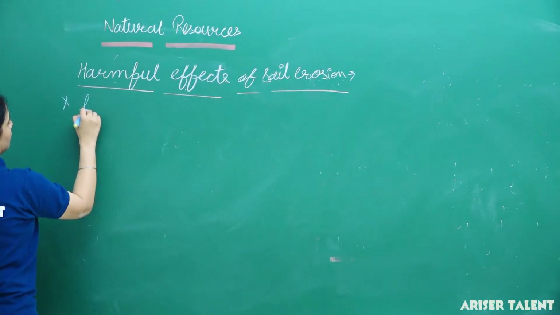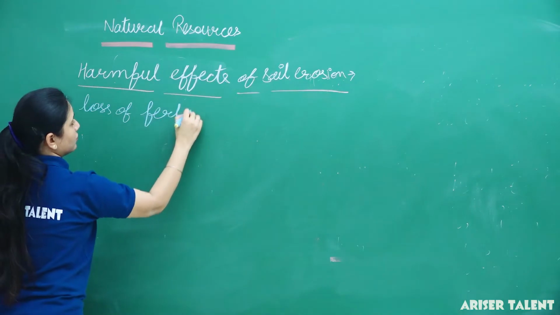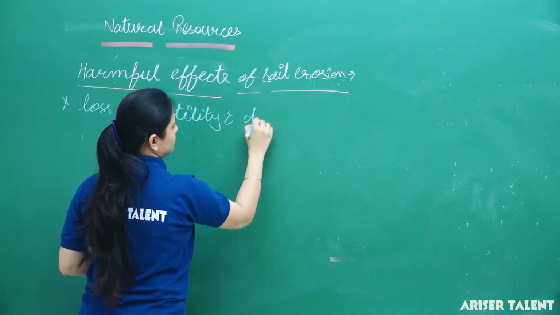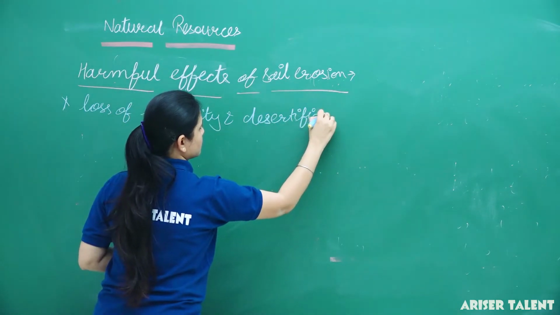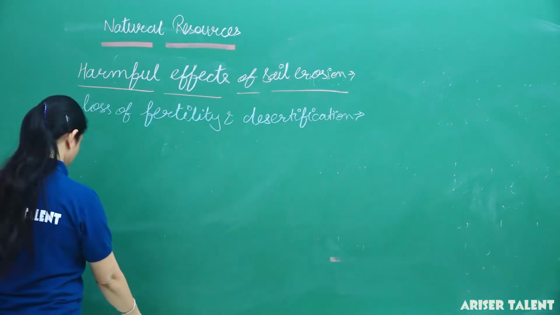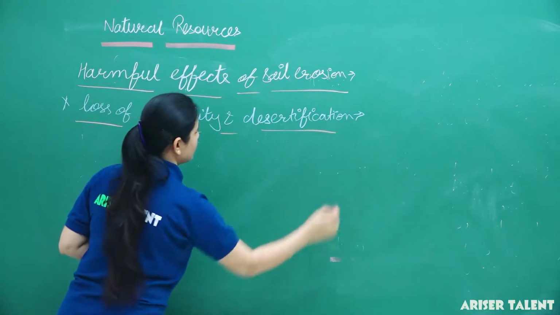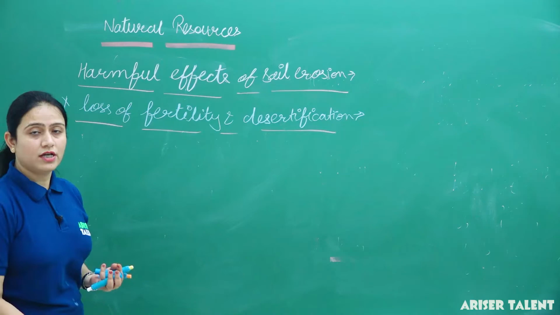First of all, loss of fertility and desertification. Loss of fertility and desertification means, as we know, that the top fertile soil gets washed away.